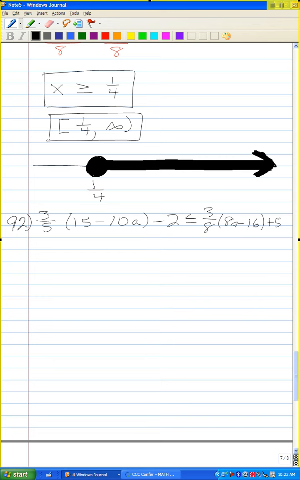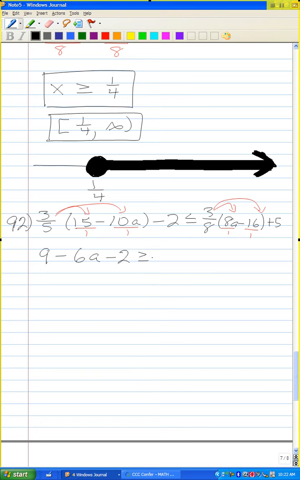Let me multiply 3/5 and 3/8 inside the parentheses. Write each of these over 1. 15 divided by 5 is 3, times 3 gives you 9. 10 divided by 5 is 2, times 3 gives you 6a.